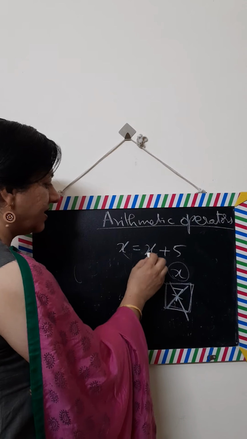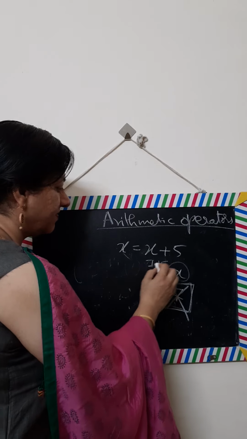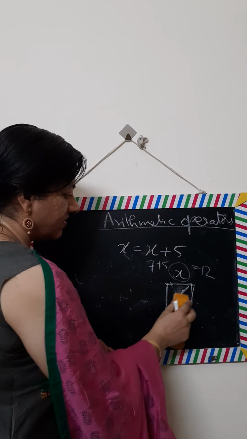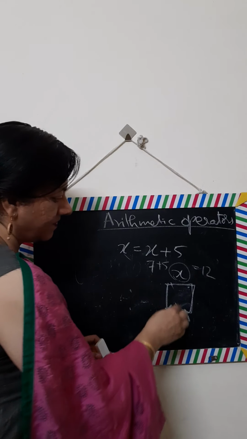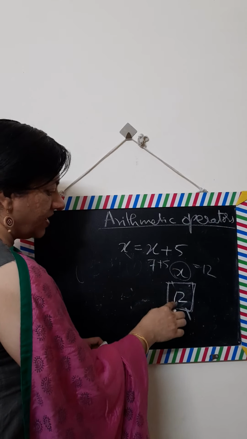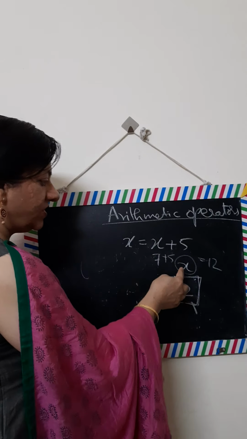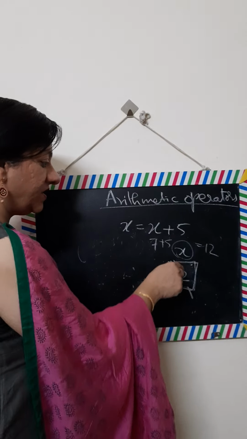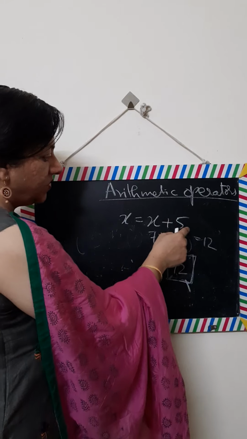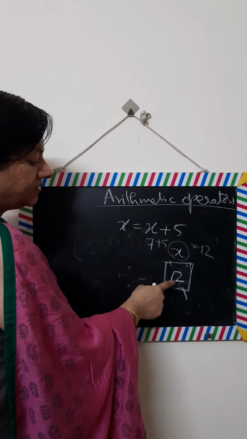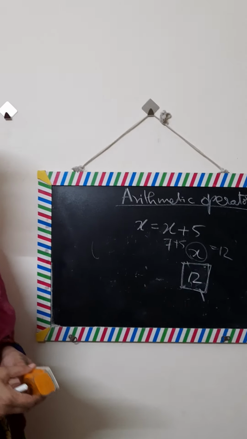So it says 7 plus 5, which is 12, and it overwrites on this, the same place. So the identifier hasn't changed and your value changes to whatever was given in your x. With the new value, it has added and has kept it back in the same identifier or the memory address.